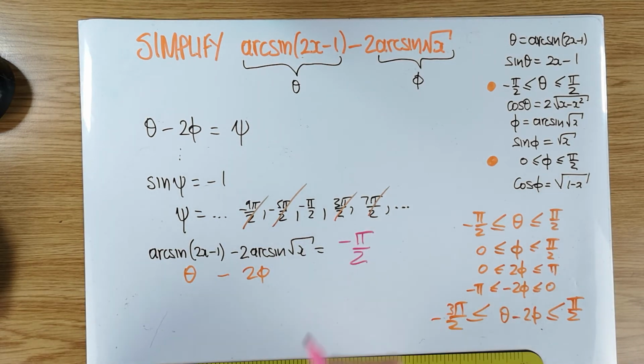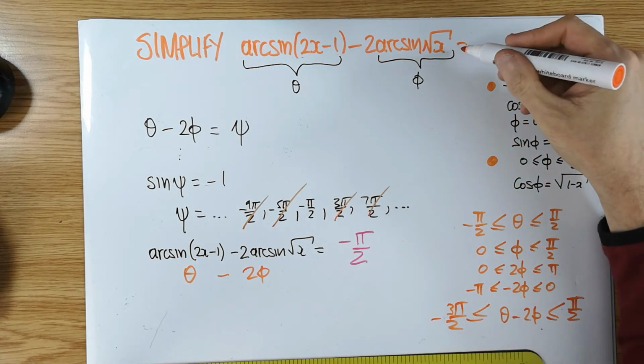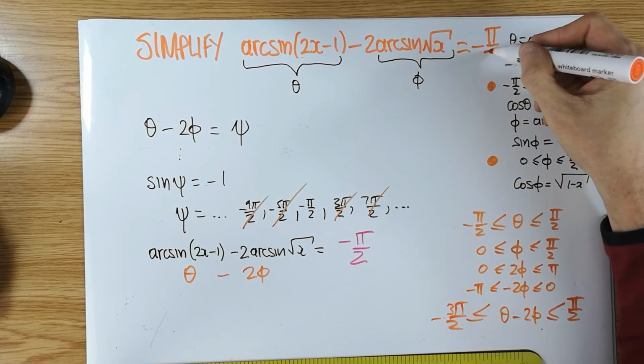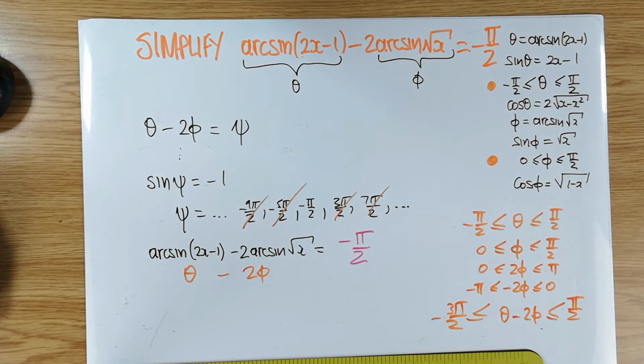Therefore, the simplification that I was asked to do, simplify this particular quantity, that is in fact equal to negative pi over 2. And we should be happy that we've done it correctly with all the necessary precautions.